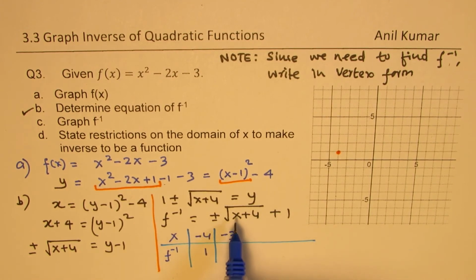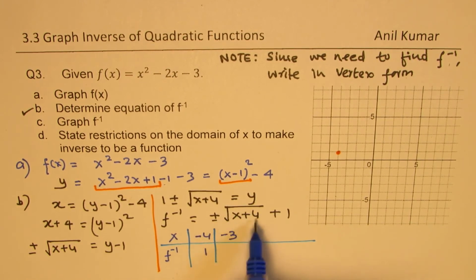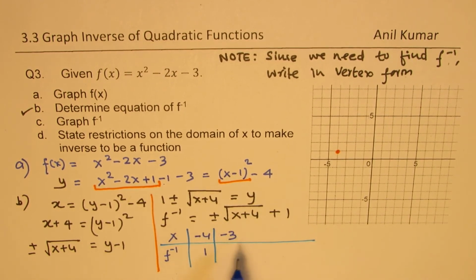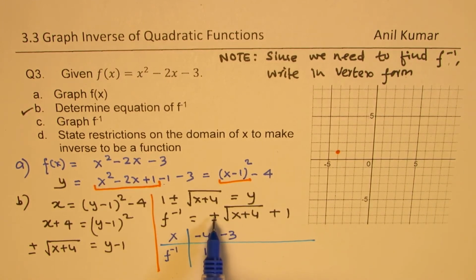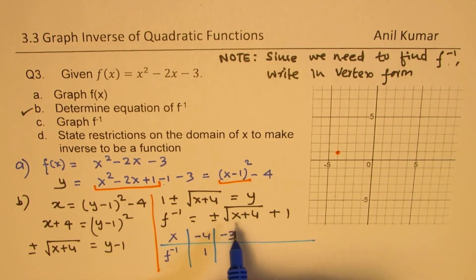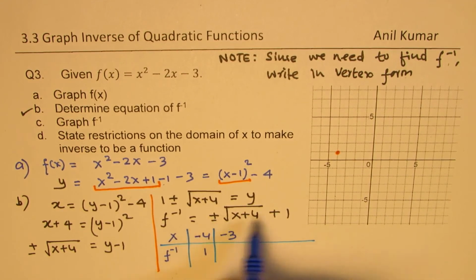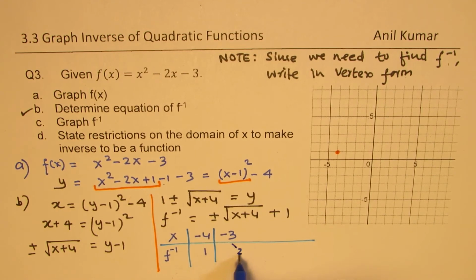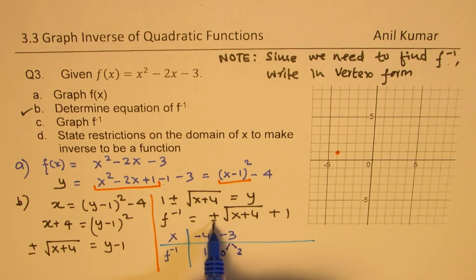For minus 4, because this was 0, we got only one value. But if I take minus 3 here, I have square root of plus minus 1. So plus minus of 1 will give me 2 values, which is, if I use plus 1, then it will be 2. But if I use minus 1, then it will be 0. So that minus 3 gives me two values because of this plus minus.